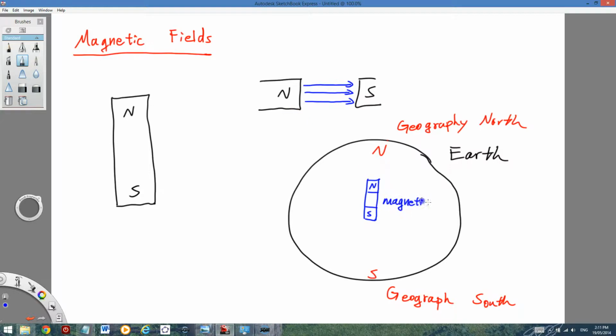So basically, we know that the north is attracted to south. Okay? So basically, Earth as a magnet, the geographical north is basically the magnetic south.